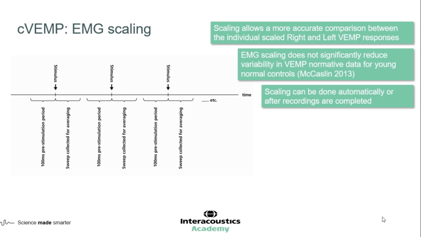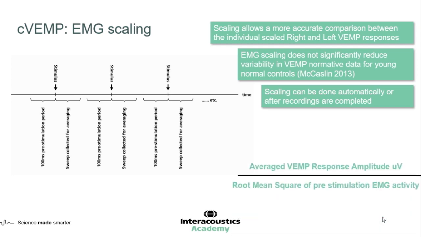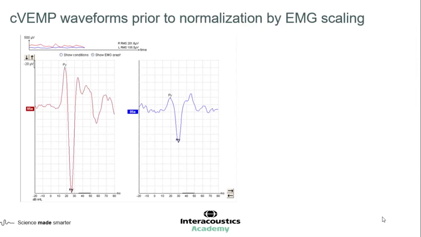So, a pre-stimulation period of recording of EMG, the stimulus, the sweep collected for the averaging and applied throughout the traces that we're doing. Now, scaling can be done automatically or can be completed after recordings. Again, I'll discuss that in a bit more detail later in this webinar. And really what you're looking at is the average VEMP response in microvolts over the root mean square of the pre-stimulation EMG activity.